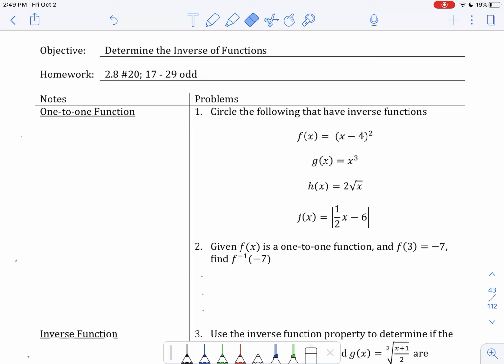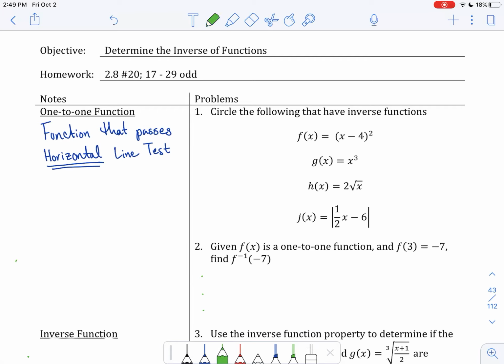When we talk about inverse functions, it's really important to recognize that we're talking a lot about what's called one-to-one functions. Now, one-to-one functions are functions that not only pass the vertical line test, which all functions must do, but they also pass the horizontal line test.